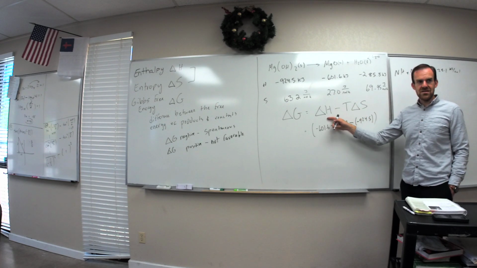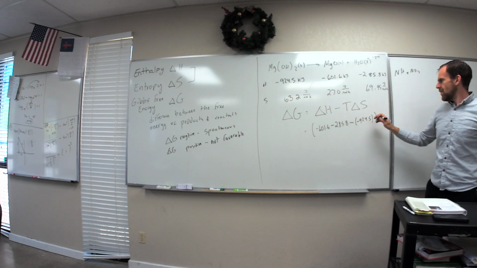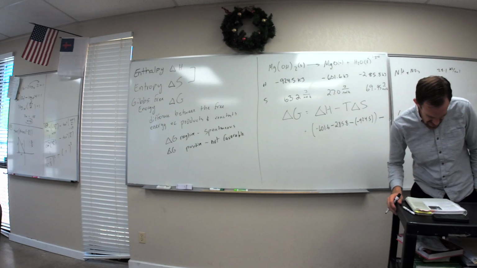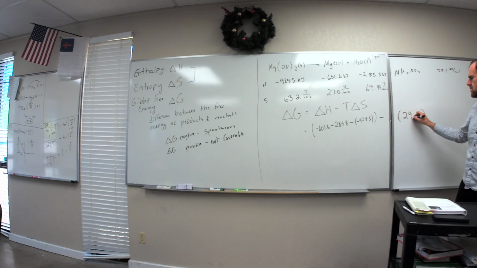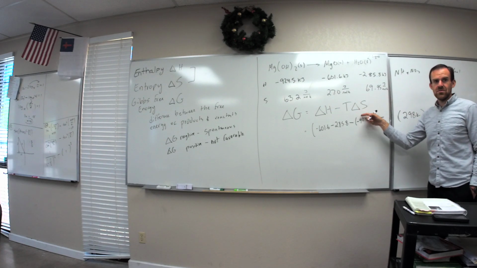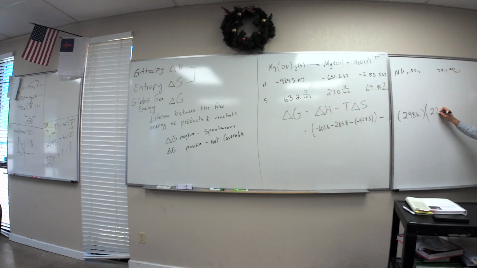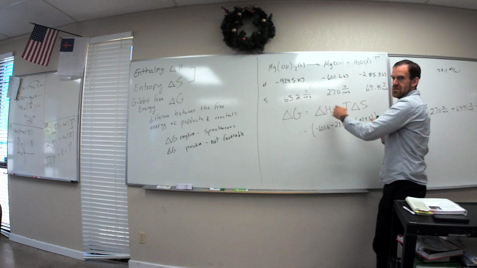So that's delta H, minus T, which is 298 Kelvin, times delta S. What's delta S? Products minus reactants.